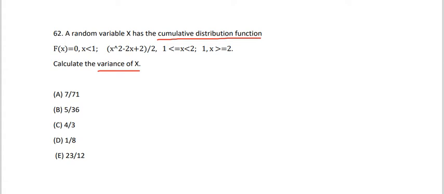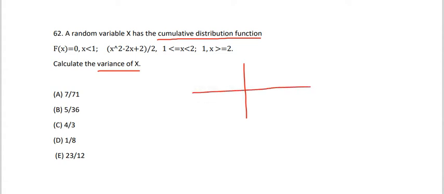So from the cumulative function, we need to go back to the density function, then from the density function, find the variance. Okay, so what is the density function? We only know it's a cumulative function.